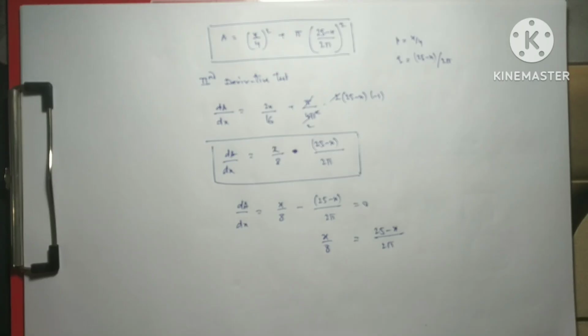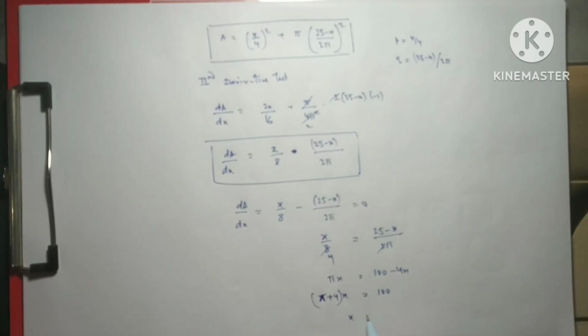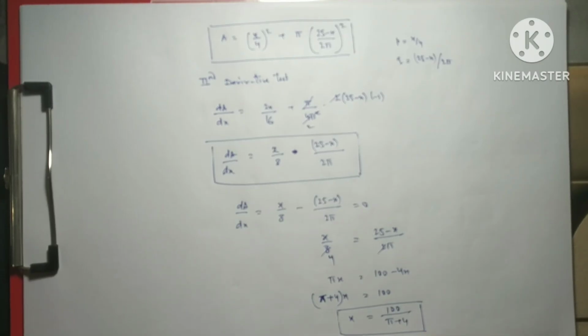So it is pi x equals 100 minus 4x. There x is common, so you get pi plus 4 into x equals 100. So x is 100 over pi plus 4. This is the first part of the wire, that is AC.